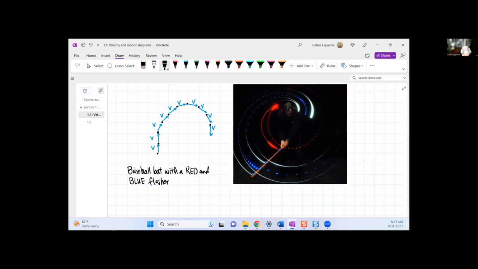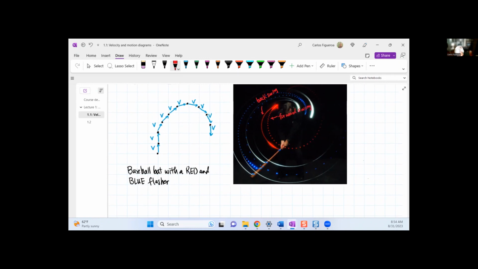One thing I want you to pay attention to is that the red flasher is closer to the handle of the bat. The blue flasher is closer to the end of the bat. In this situation, this is the back swing, and this here is the forward swing.